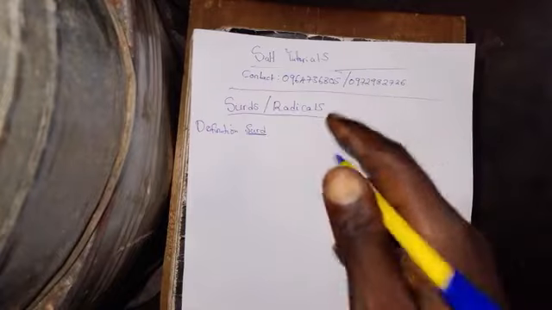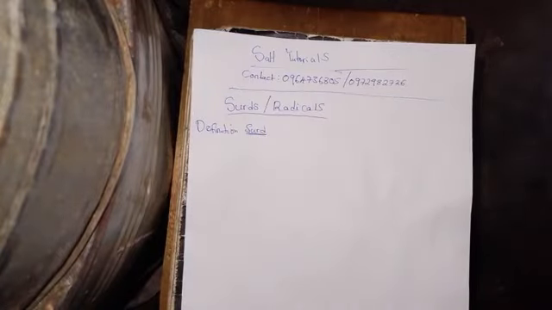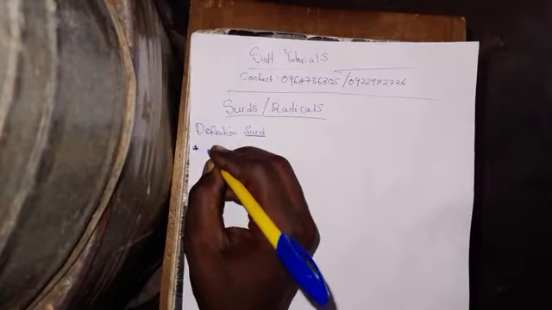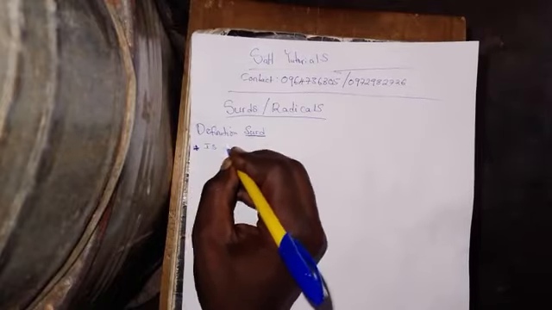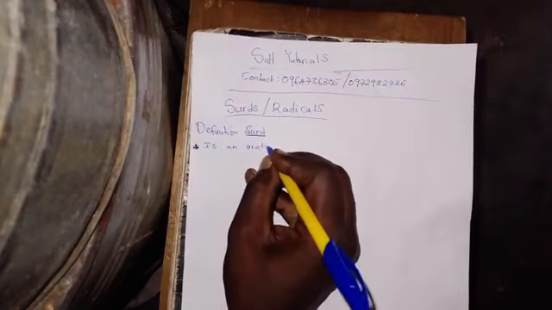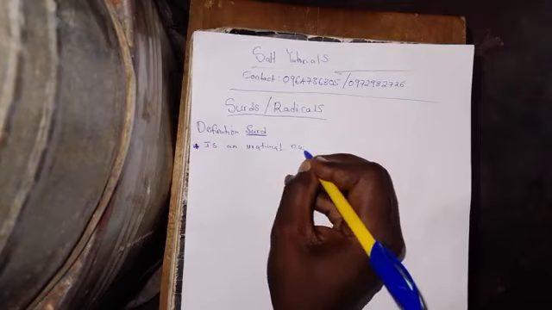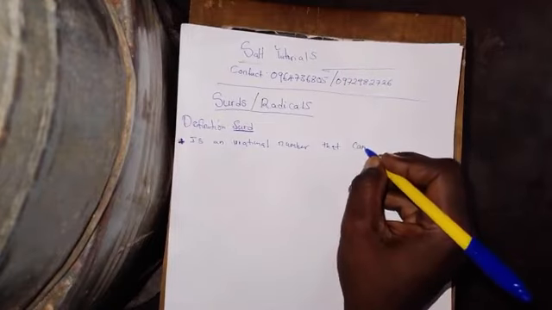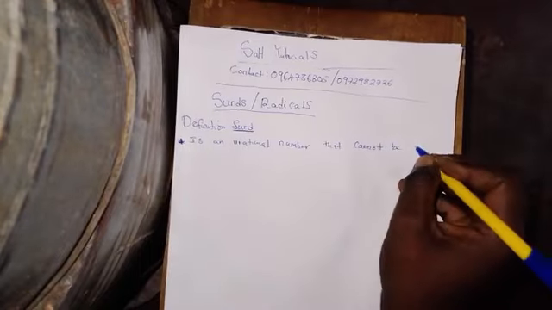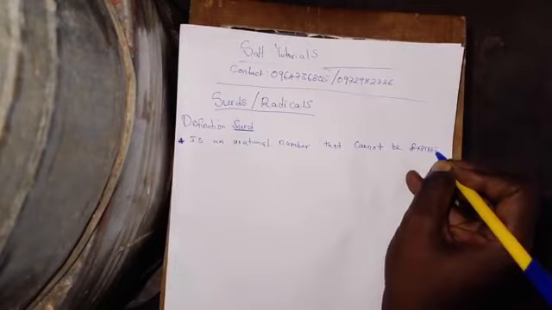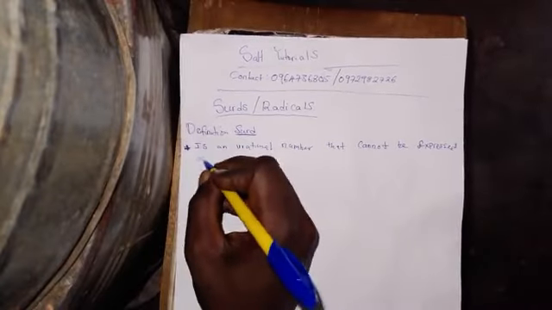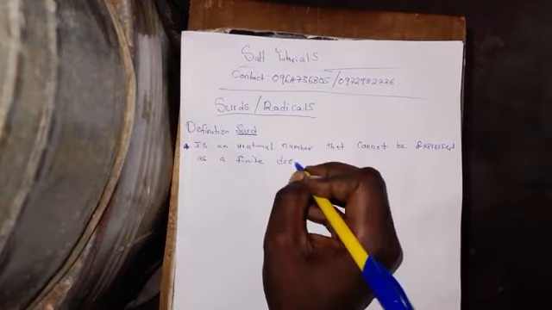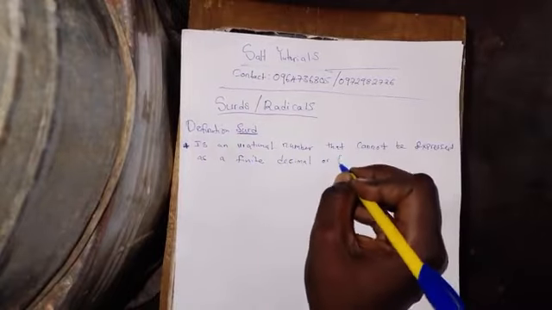So basically we can define a surd in simple terms as an irrational number that cannot be expressed as a finite decimal or fraction.